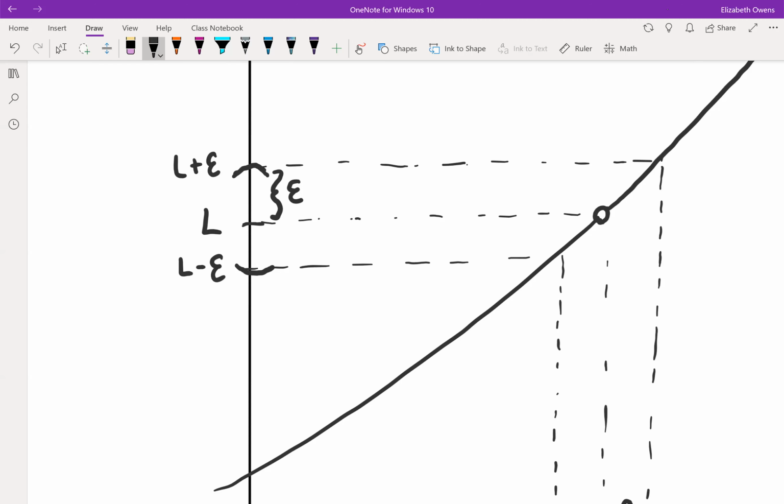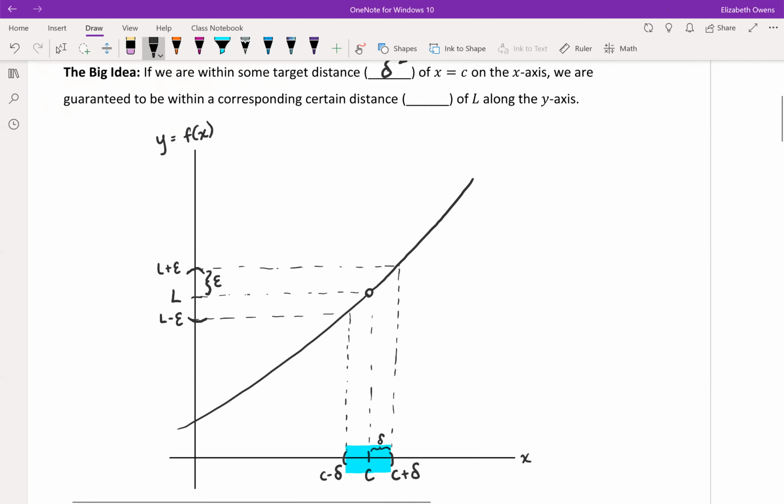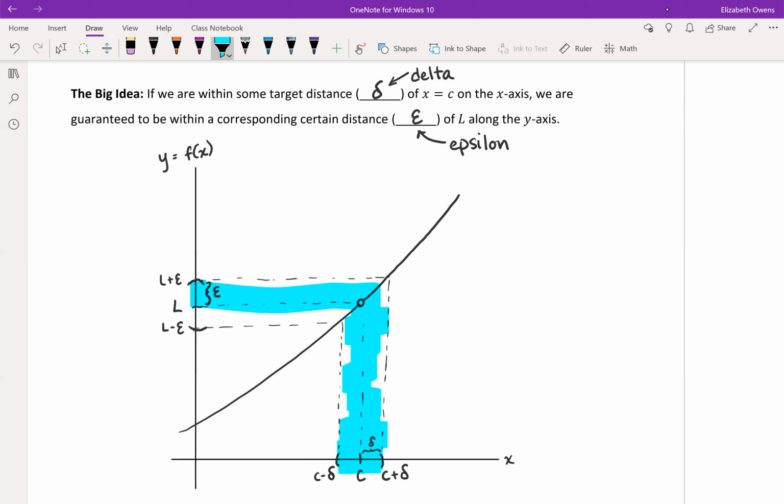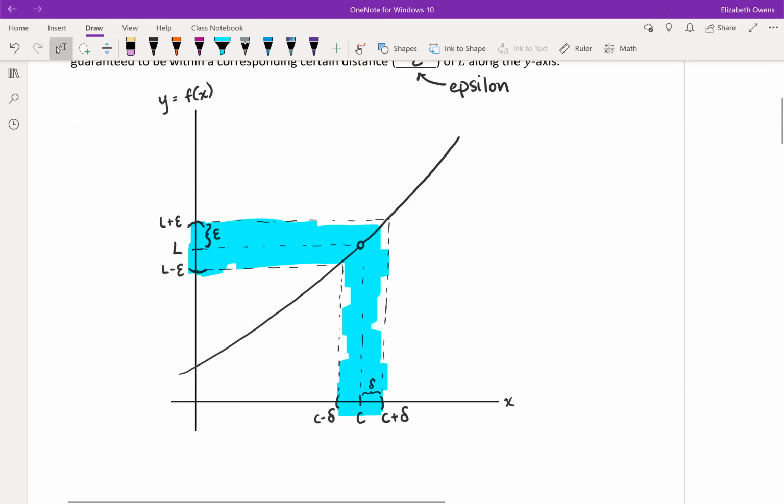So our idea here is that if we are within that target distance delta of x equals c, we are guaranteed to be within the corresponding certain distance epsilon of L along the y-axis. As long as your x value is somewhere in here, the y value you get will be somewhere in this interval.